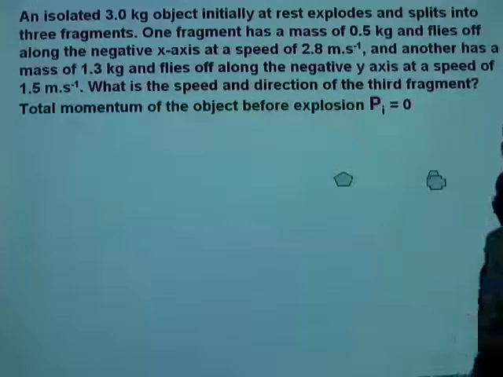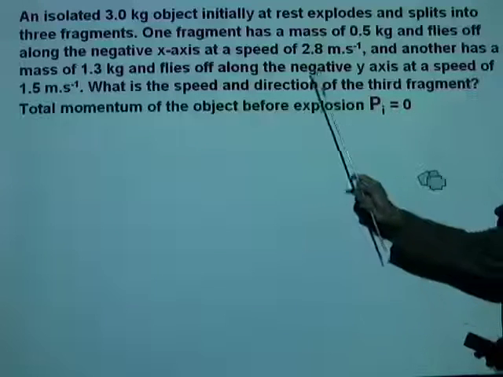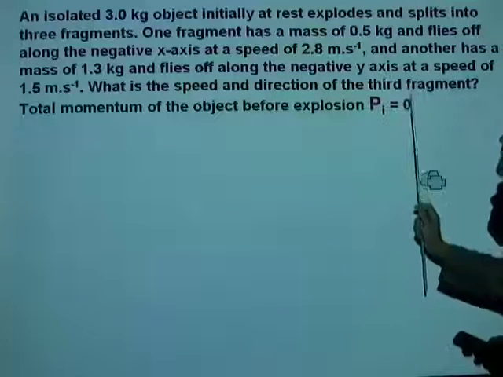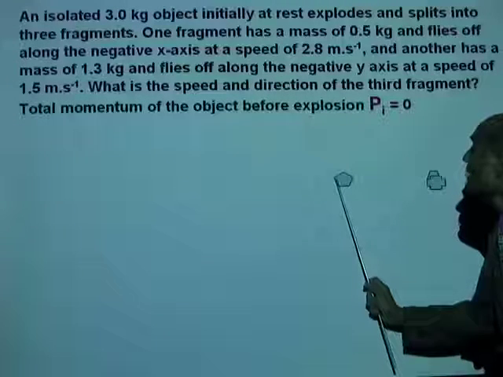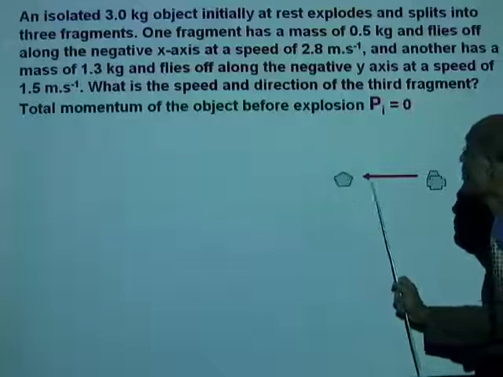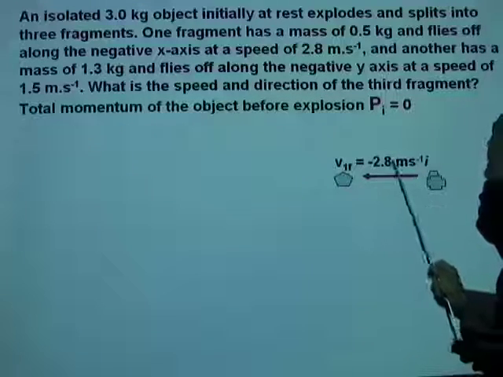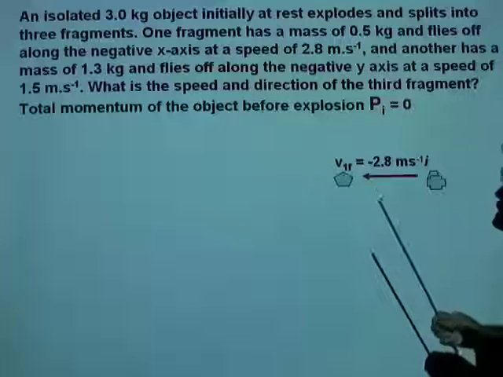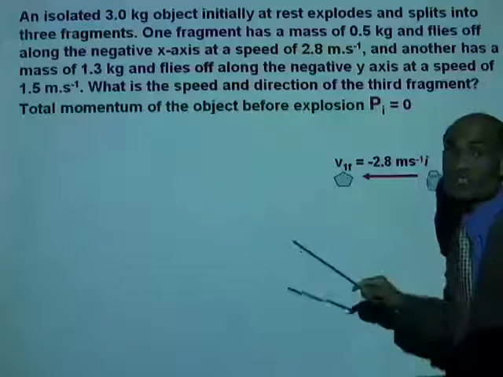It's going to explode now. Watch what happens to the first piece. One fragment that has a mass of 0.5 kilogram moves to the left, so it goes with a velocity of negative 2.8 meters per second i. Why negative? In the negative x direction.